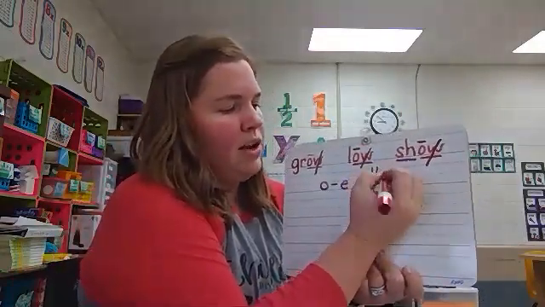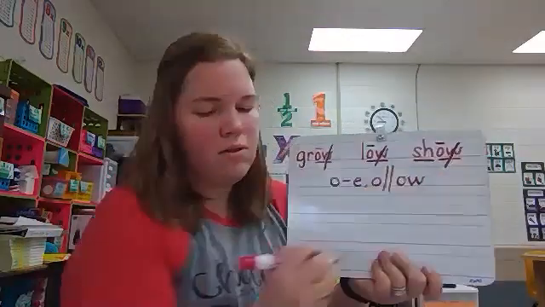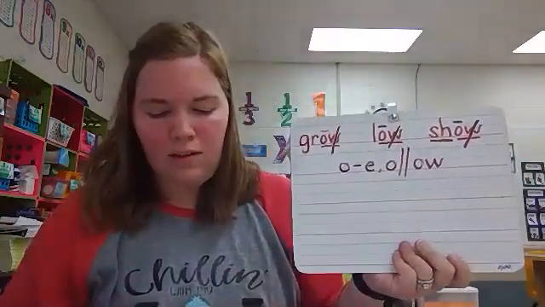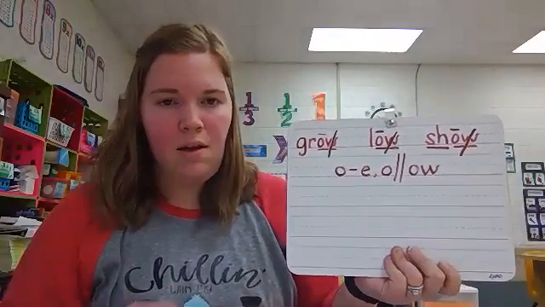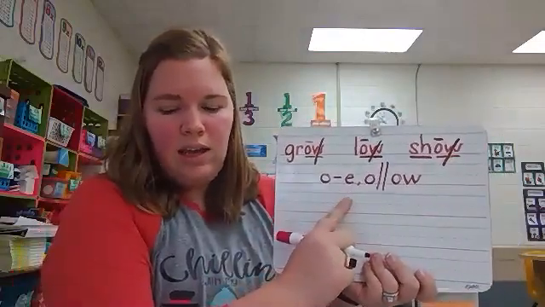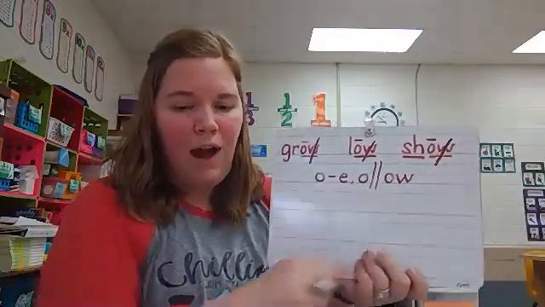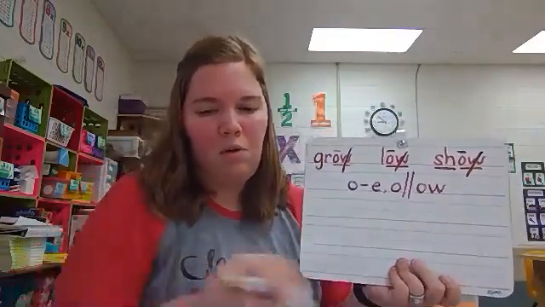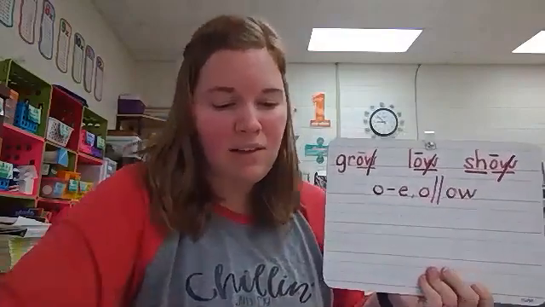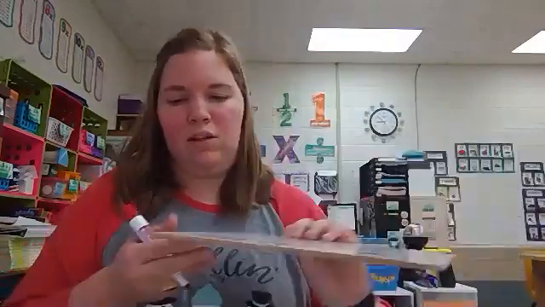So we'll put final digraph OW. So this is the spelling response. O, consonant E, comma O, final digraph OW, okay? We will practice this again on our worksheet.